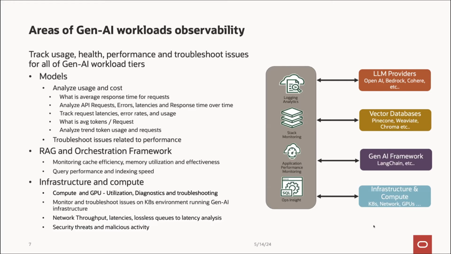And if there are issues with that, we'll help you troubleshoot with all of our observability and management tools, within traces, logs, and metric-based analysis, covering both short-term and long-term analysis.